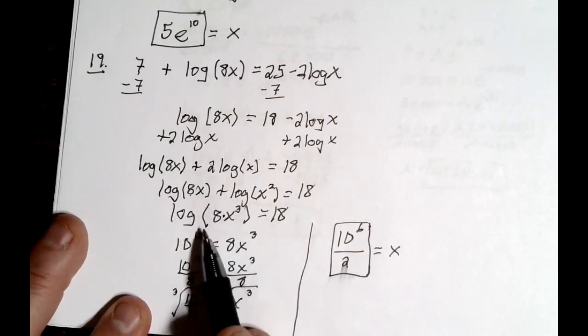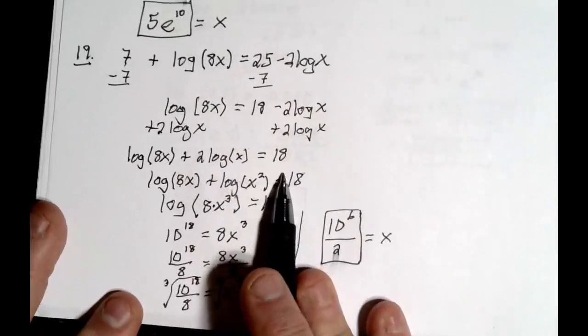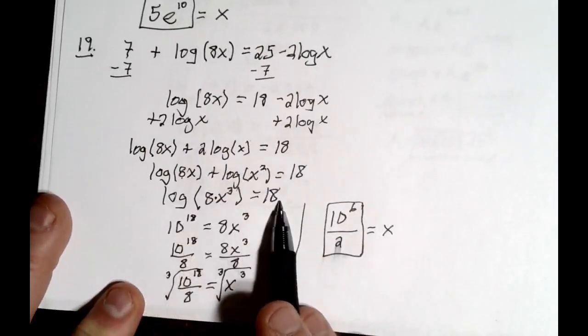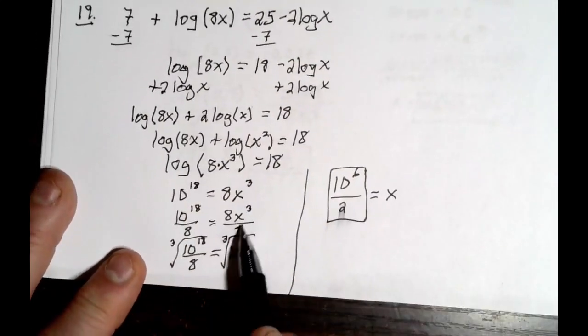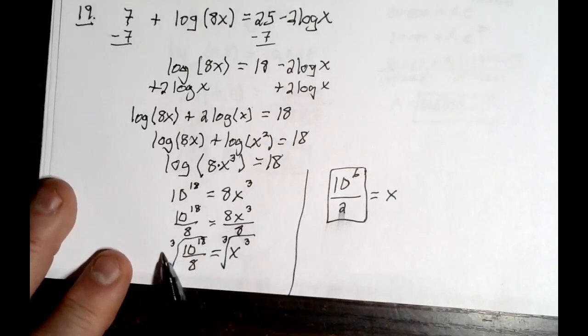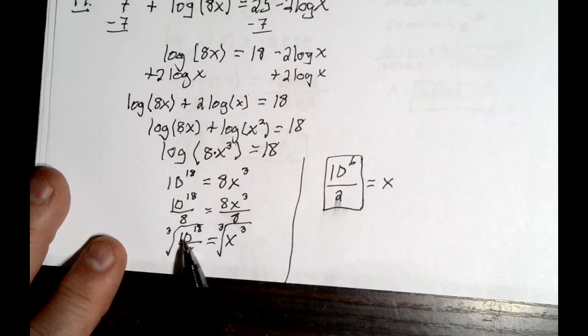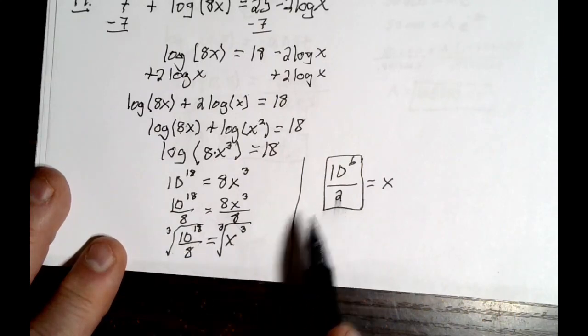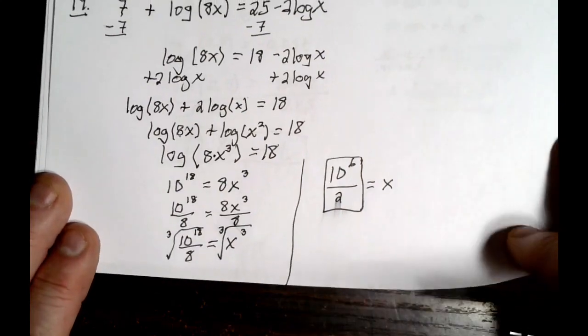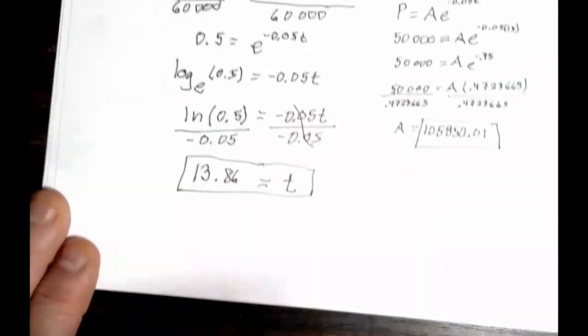And now we're ready to write it with the definition of log. So 10 to the 18 equals this guy. Divide by 8 and then take the cube root. And you get the cube root of 10 to the 18, which is 10 to the 6th, over the cube root of 8, which is 2. So 10 to the 6 over 2 equals x.